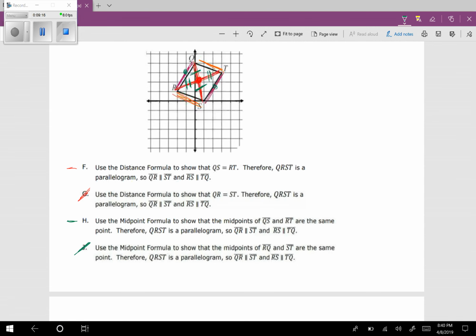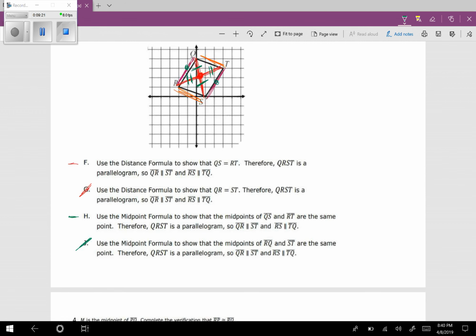Okay. So let's look between F and H. Either we're going to use the distance formula to show that the diagonals are the same length, or that the diagonals have the same midpoint, which means that they bisect each other. Okay, remember, on this one, if you have an isosceles trapezoid, guess what?